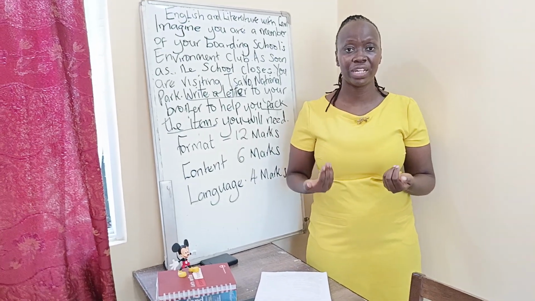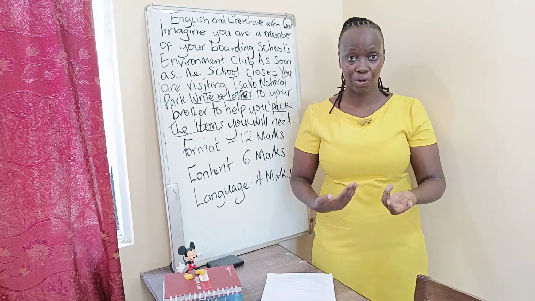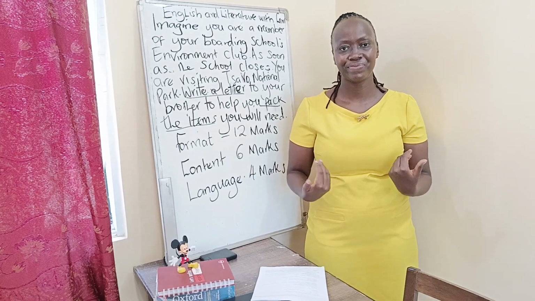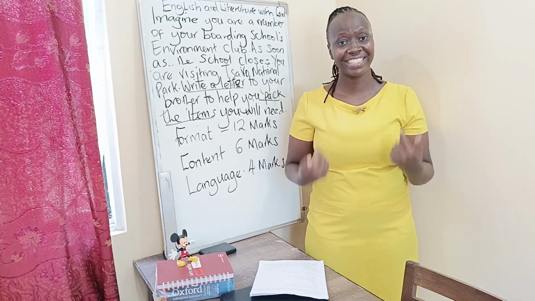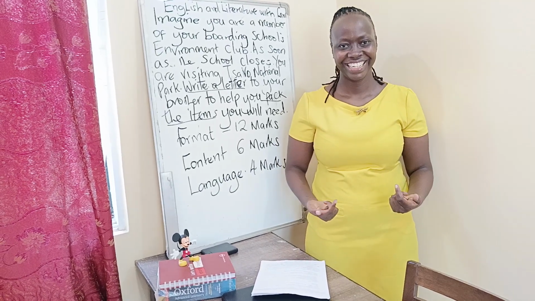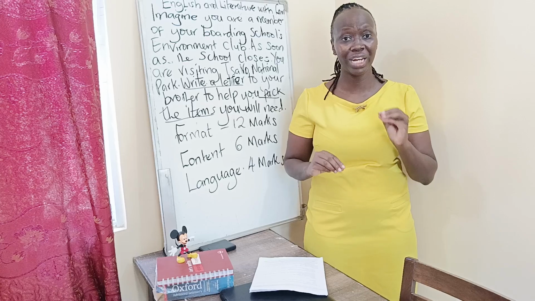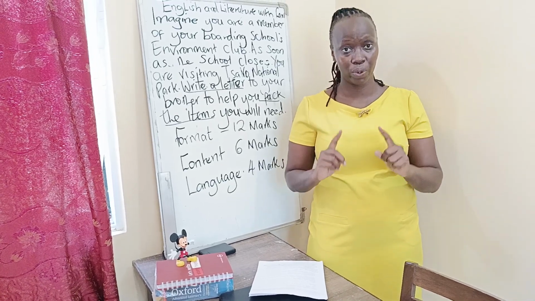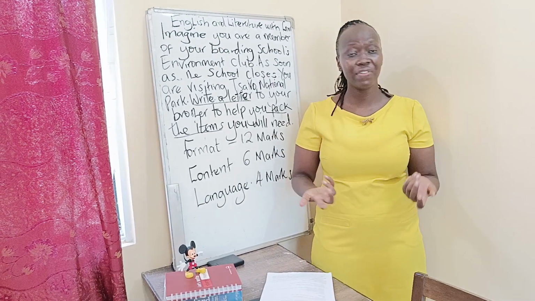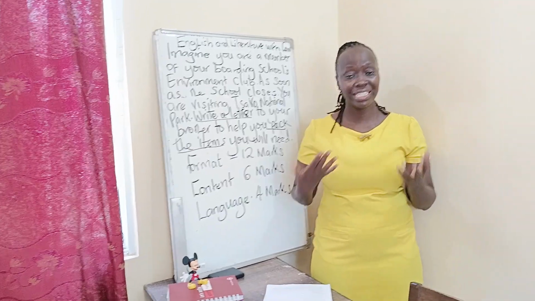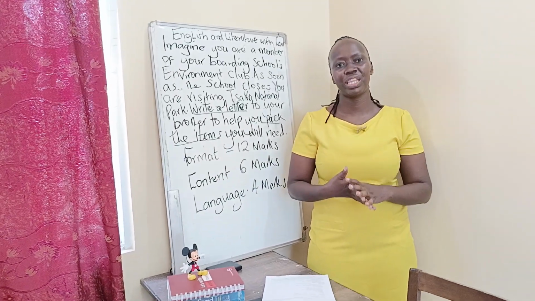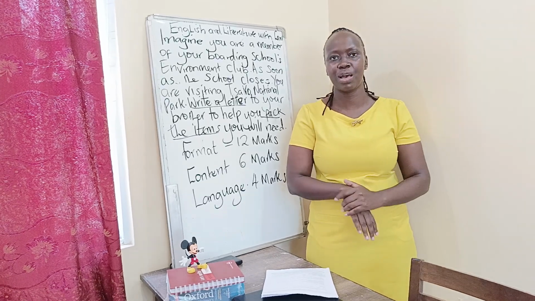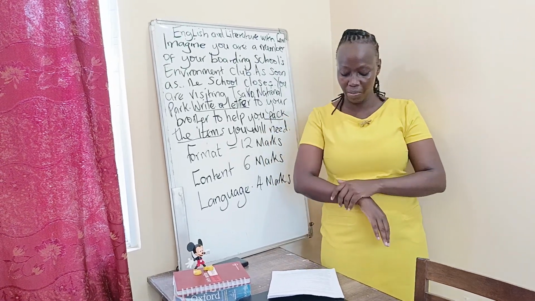So you can say, for example, dear Michael. Maybe Michael is my brother, so I can say dear Michael. So I am calling him out because I know him. He's my brother. So give a name to your brother. Dear Alvin, for example. Because you know the name of your brother.